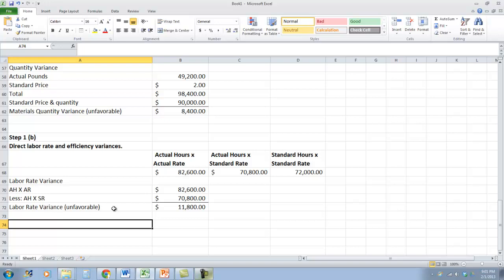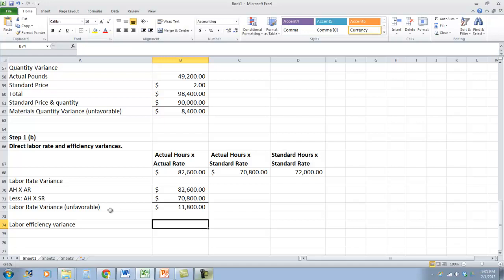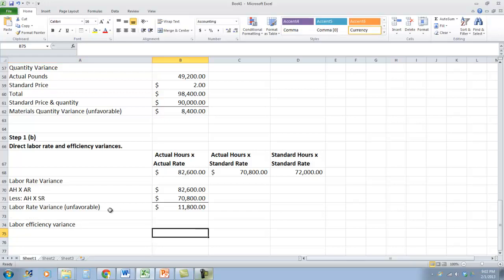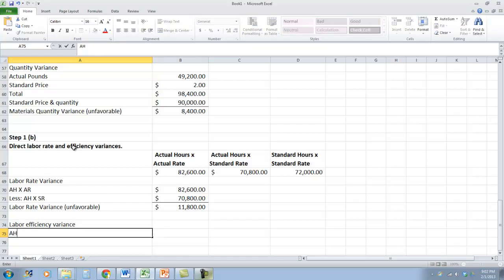Now, let's do efficiency. I can't spell, as we know. Efficiency variance. So how efficient were the workers? The way we calculate that is we take the actual hours times standard rate less standard hours times standard rate.